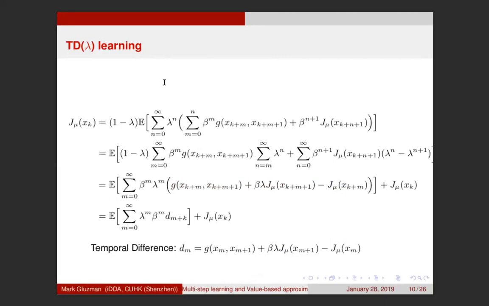I should note that this D_m^k in the last line is called a temporal difference. So our Bellman operator can be written in the following way, where D is the temporal difference defined in the last line.